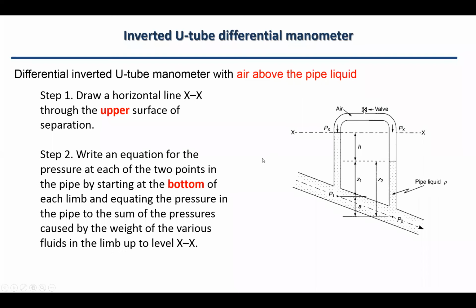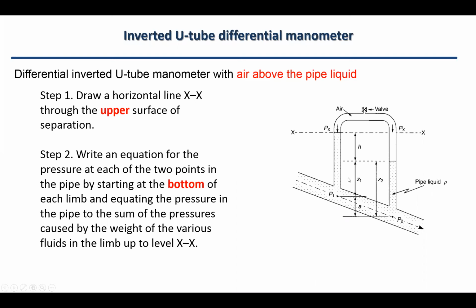Once we have drawn that line, in the second step we write the equation for the pressure for each limb, or for each of the two points in the pipe, starting from the bottom of each limb, and equating the pressure in the pipe to the sum of the pressures caused by the weight of the liquid. For example, on the left hand side there is only one type of liquid, and on the right hand side we have this kind of liquid and also here.